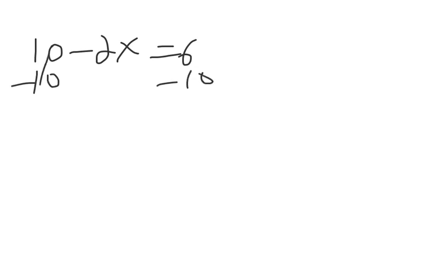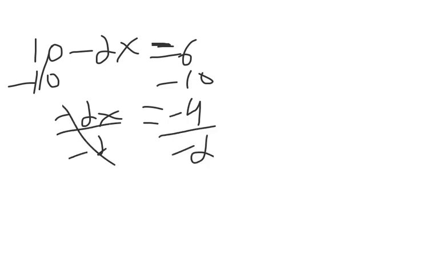Let's try the other version, because again, there are 2 answers for these because of the reasoning before. So you set the positive version equal to 6, because the absolute value of 6 is 6. Now you have negative 2x equals 6 minus 10, which is negative 4. So x is negative 4 over negative 2, which, negative divided by negative is positive, 4 divided by 2 is 2.